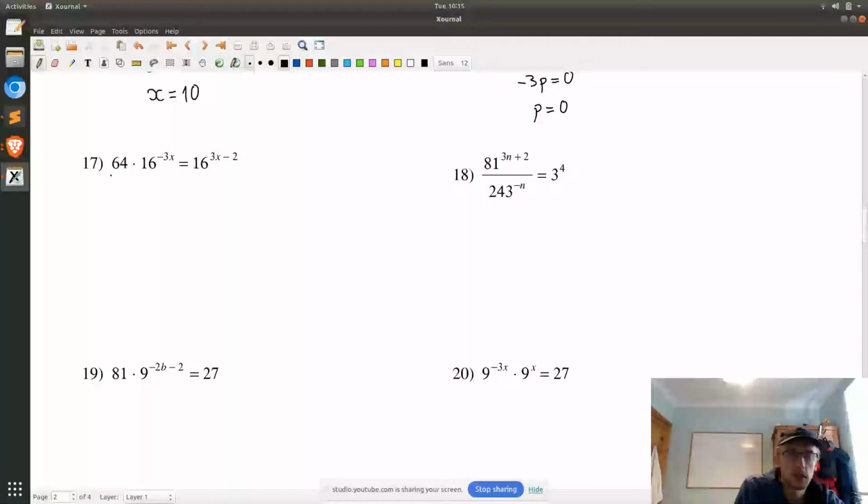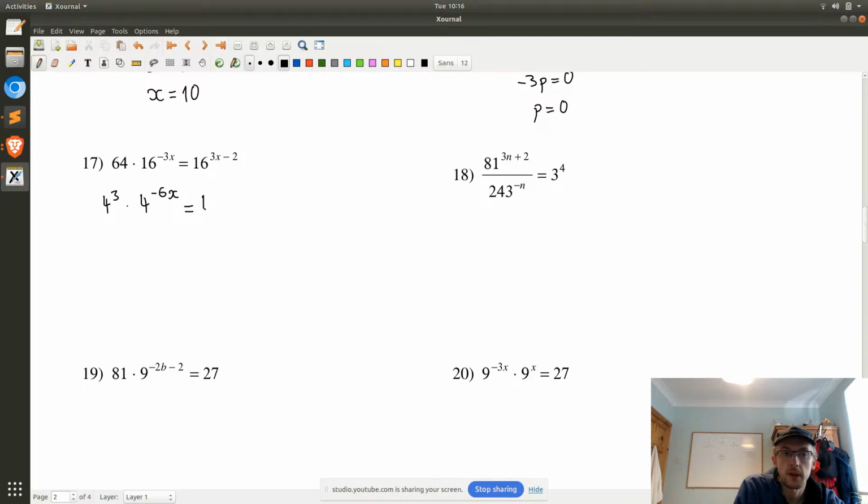Turn everything into powers of 4, perhaps. So that there is 4 cubed. That's the square of 4, then raised to the negative 3x. So that's 4 to the negative 6x. That's the square of 4, then raised to the 3x take 2.